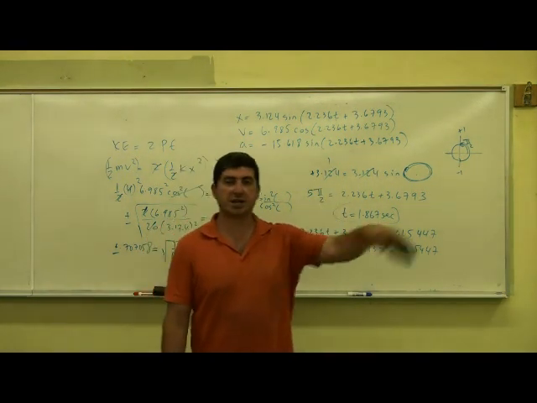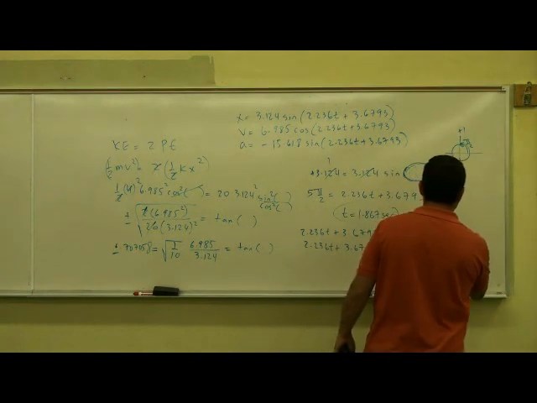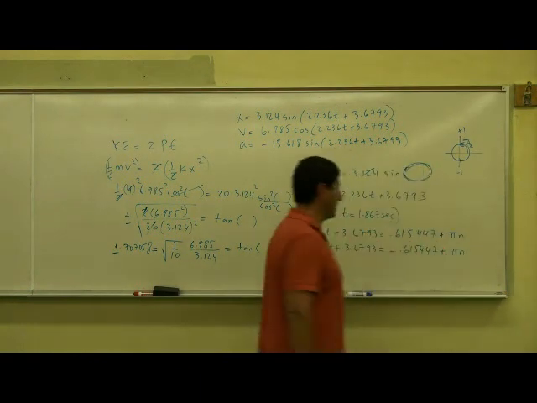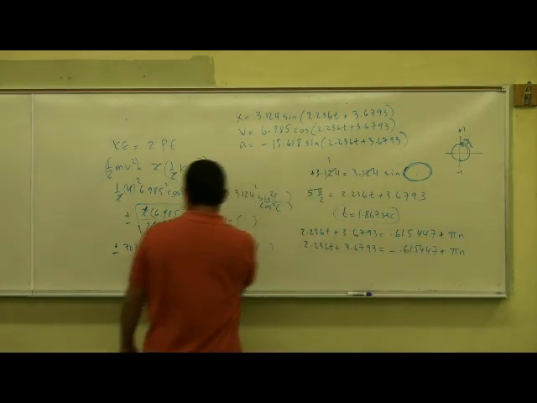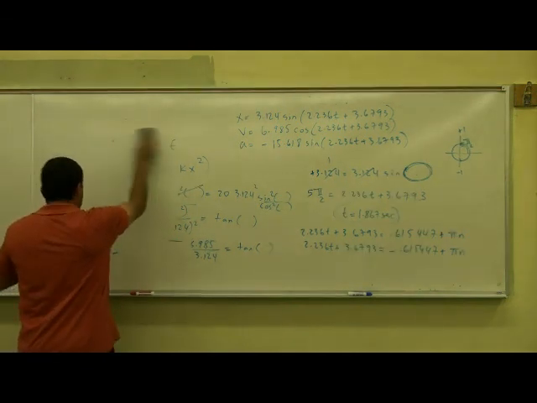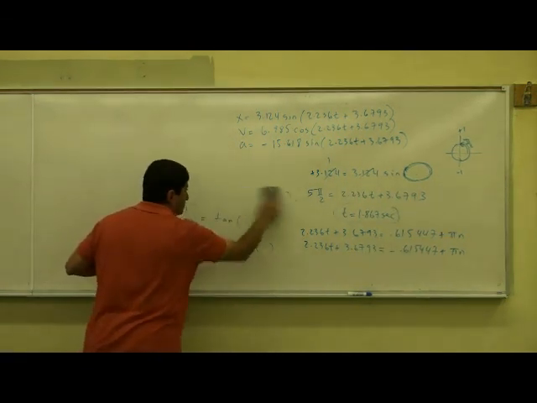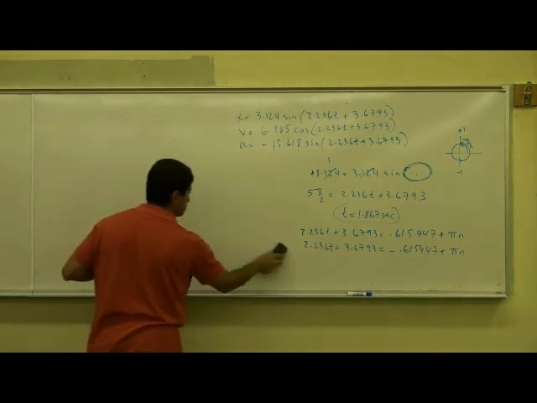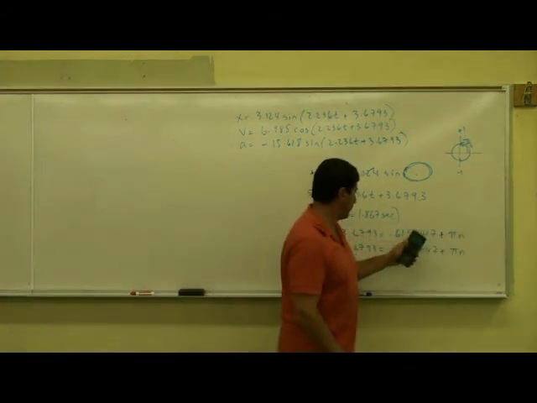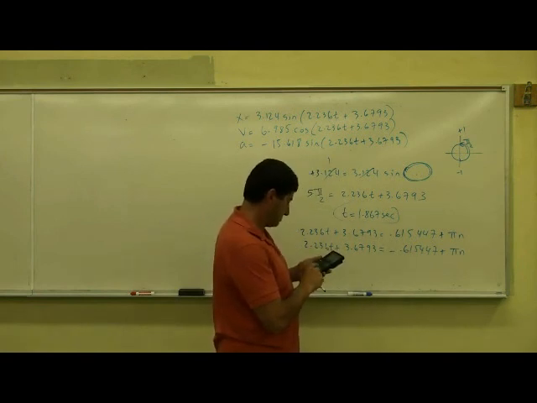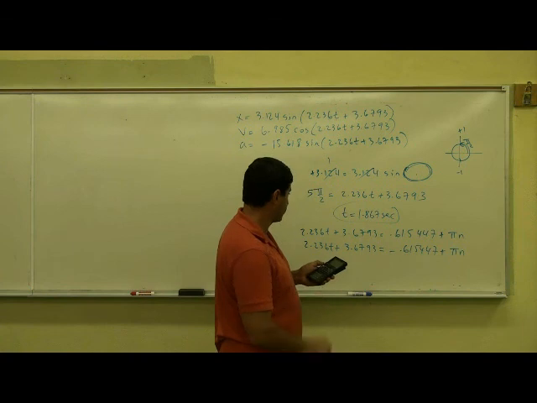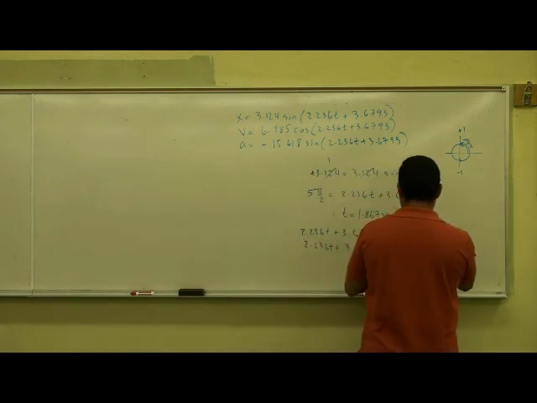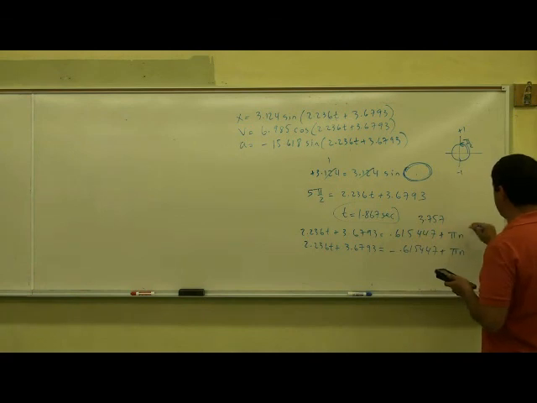So now let me start adding pi. Every pi n, my answer will repeat, right? So if I add pi n to this, what do I get? If I add 3.14 to that, I get 3.757 when I added just n equals 1.